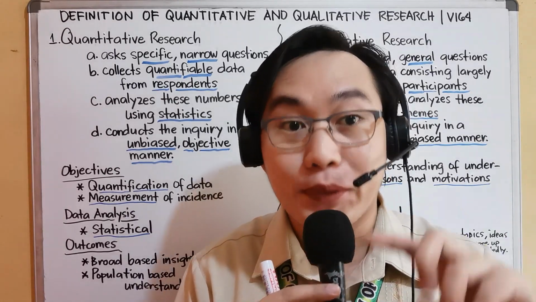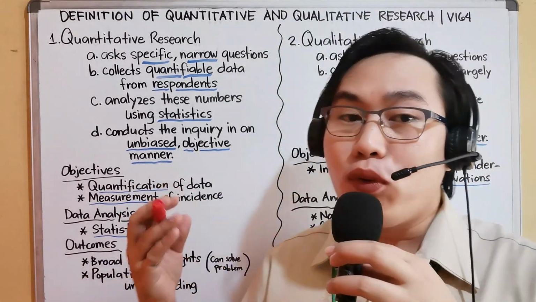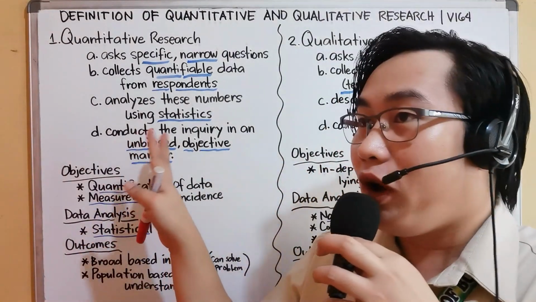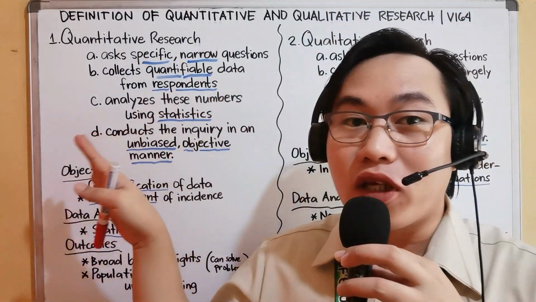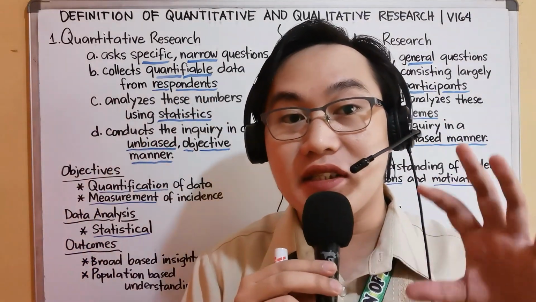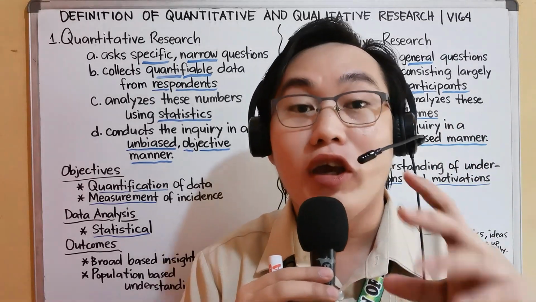Ang ibig sabihin, prone lang po. Kasi dito talaga sa quantitative, though you can be biased naman din sa quantitative, pero less po ang kanilang chances, okay, na maging bias po ang result. Kasi nga, they are using statistical tools na kung ano ang lumabas doon sa data na naitali mo, yun na.